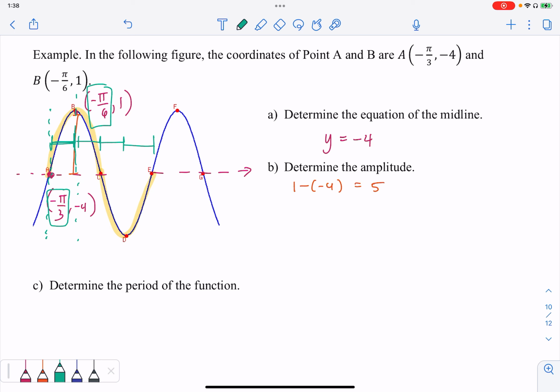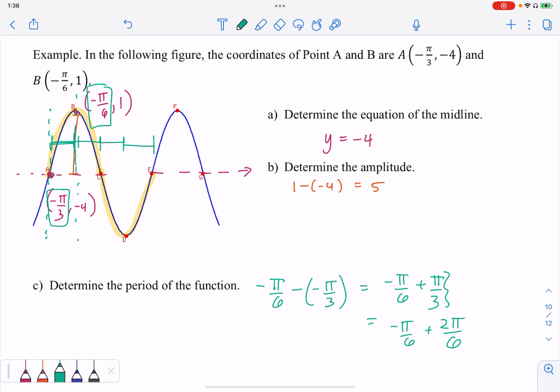So in order to do that, I'm going to say, what is -π/6 minus -π/3? Well, that's -π/6 plus π/3, which is -π/6 plus 2π/6, just converting this into sixths, which gives me π/6.